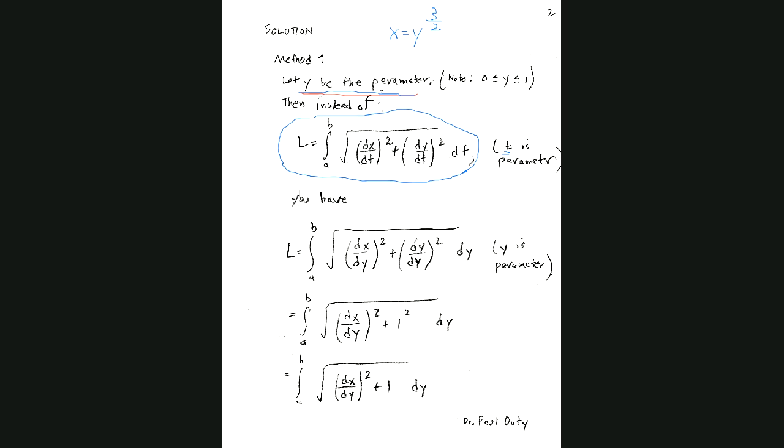But if I'm going to let y be the parameter, then wherever I have a t in the arc length formula, I'll replace it with a y. So the formula I'm going to use with this first method, where y is the parameter, the arc length will be the integral from a to b of the square root of (dx/dy) squared plus (dy/dy) squared dy.